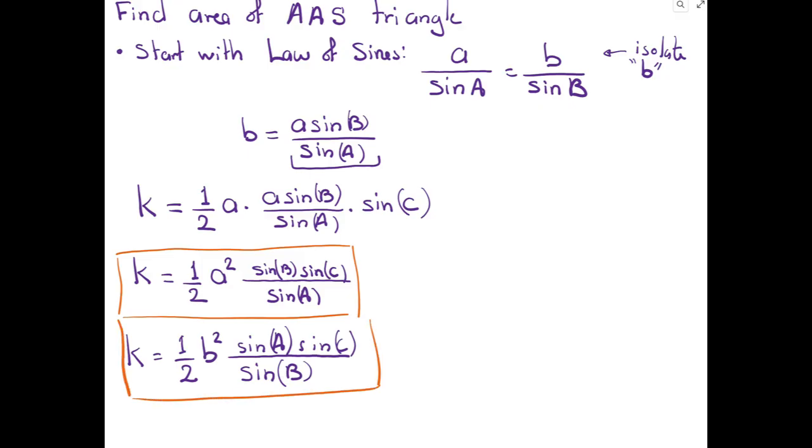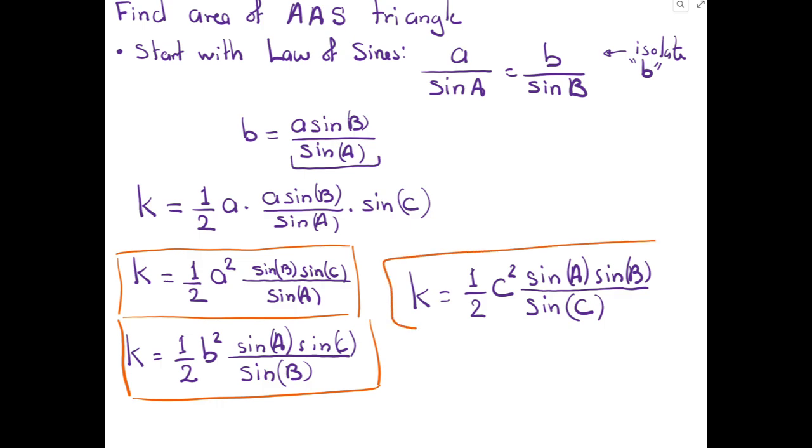And then the third one, K is equal to 1/2. This time I'm going to have side C squared, and because I have side C here, I want my sine of angle C in the denominator, and in the numerator I'm going to have sine of angle A times sine of angle B. And that will be my third form of it.